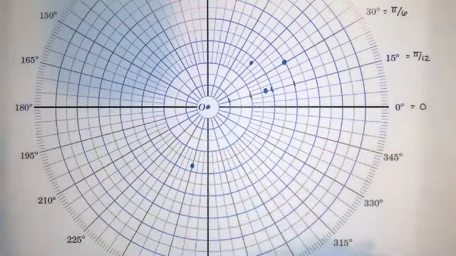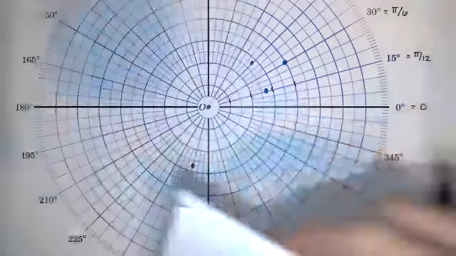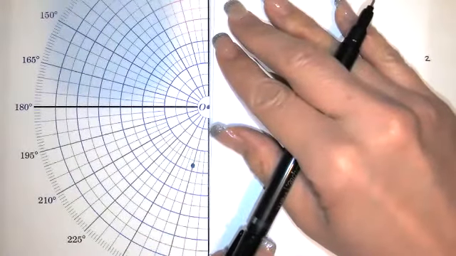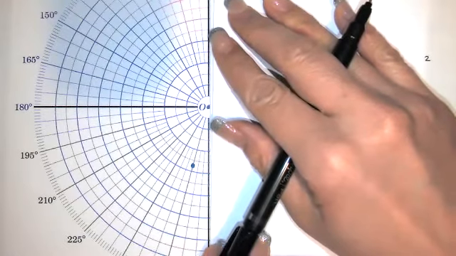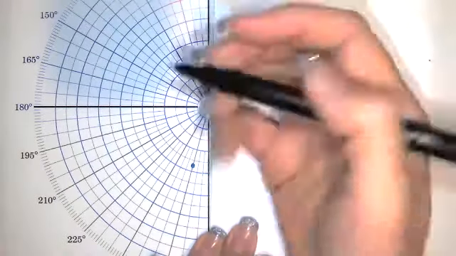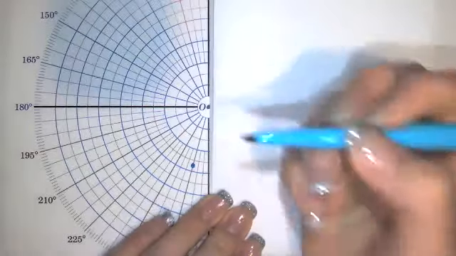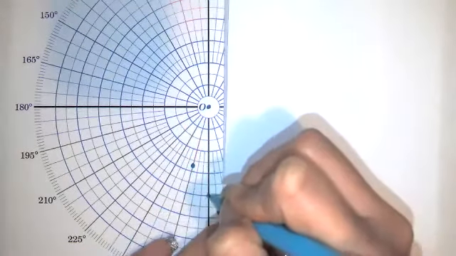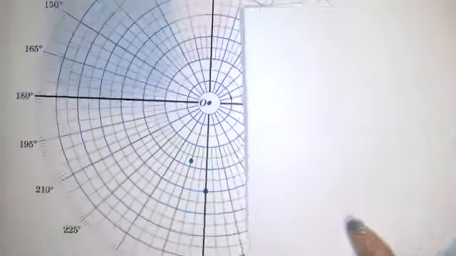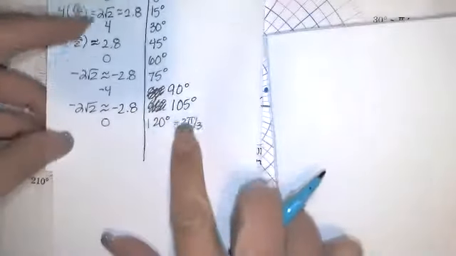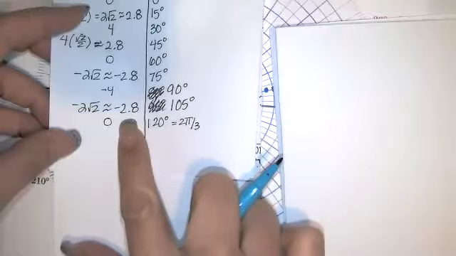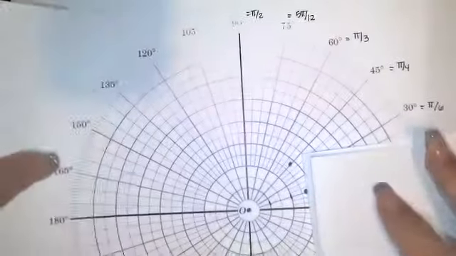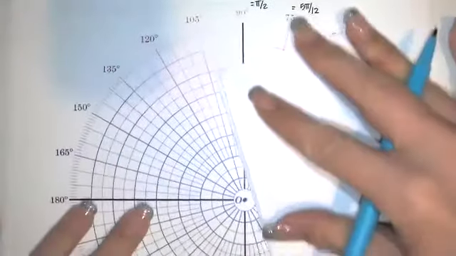All right. At 90 degrees, R is negative 4. So we're on the 90-degree line. That's what used to be the y-axis. But rather than going up 4 units, we go down 4 units. So we go 1, 2, 3, 4. And then at 105, we go negative 2.8. 105 is right here.